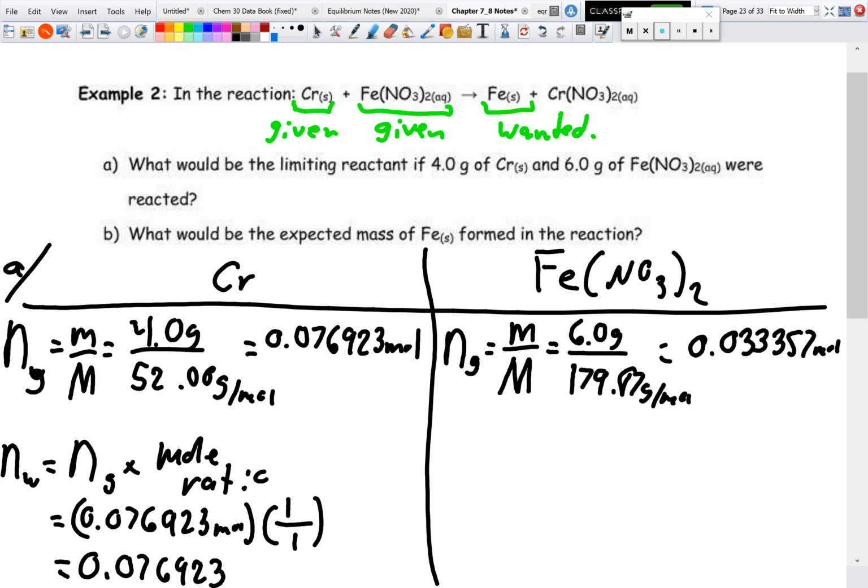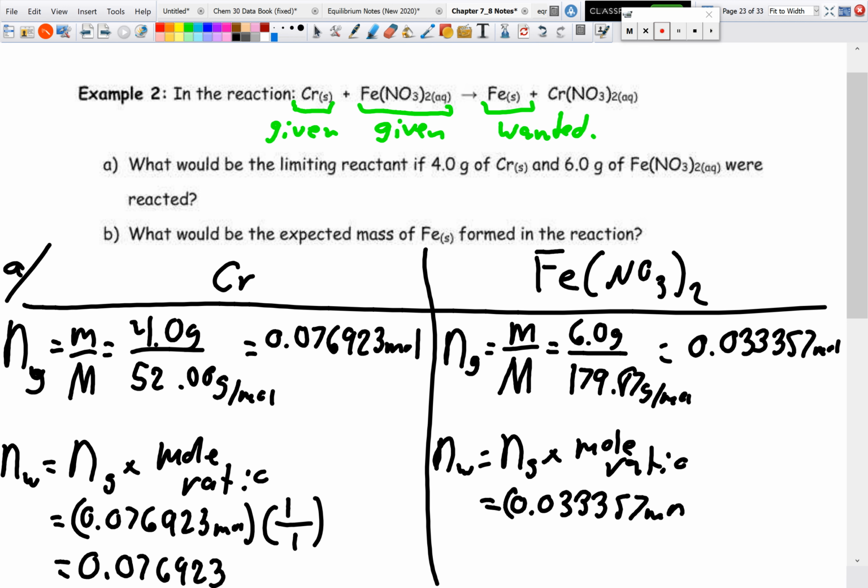We're going to do the exact same thing over here for our iron(II) nitrate. Number of moles of our wanted is equal to number of moles of our given times our mole ratio. So that is equal to what we just calculated times our mole ratio: wanted in front of iron is 1 over given, also 1. And we get 0.033357 moles.